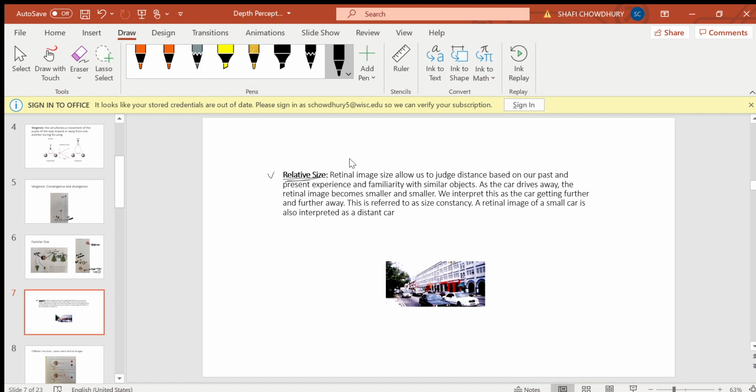Different things are at different distances, and we know that these cars are the same size or almost the same size, but this one is much smaller. Why? Because the distance is further. Other cues also help together. You see here not only relative size, but there are other cues around. We'll talk about those. So all these multiple cues are here.